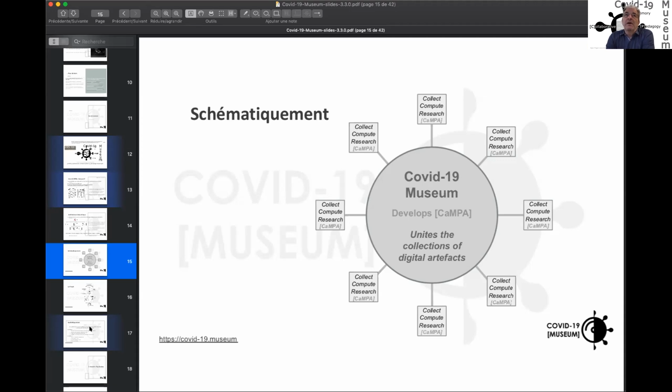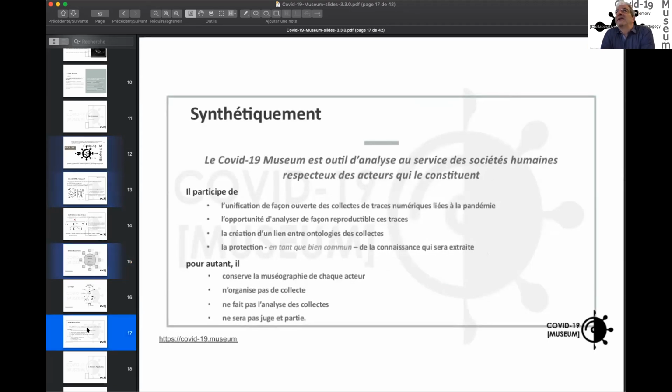So, if we synthesize the whole process, the COVID-19 museum is an analytical tool, and it is built with the actors which are at the basis of the COVID-19 museum. It unifies the collections of digital artifacts linked with the pandemic. It provides the opportunity to analyze these digital artifacts in a reproducible way.